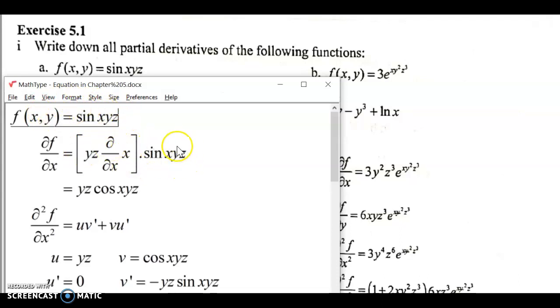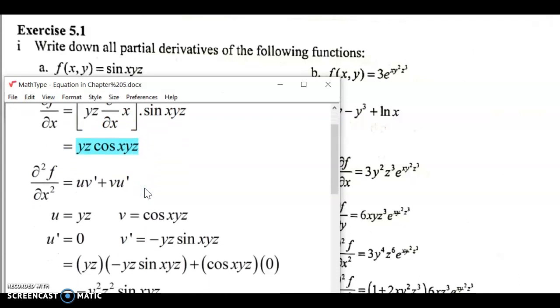So meaning that I should bring x, y, z to the left hand side, and then yz will be treated as a constant, so I pull it out from the derivative. I just derive x. So x here will become 1, so it will become yz. As for sin, of course, sin becomes cos. That is how I get yz cos xyz.